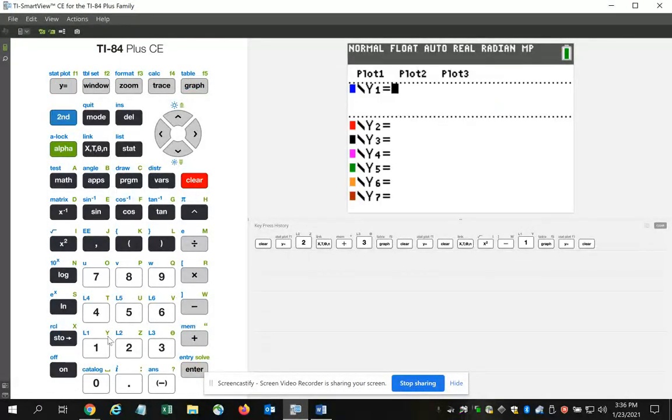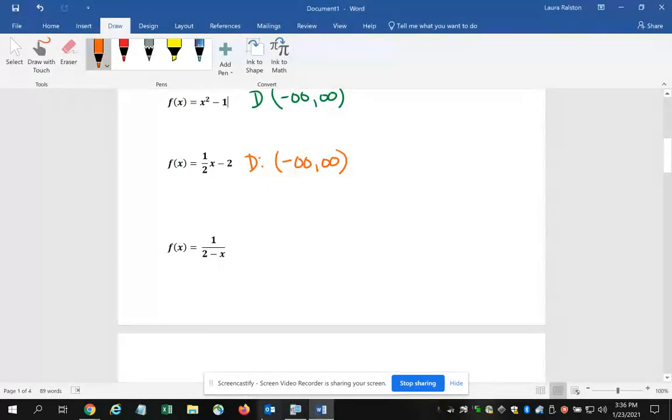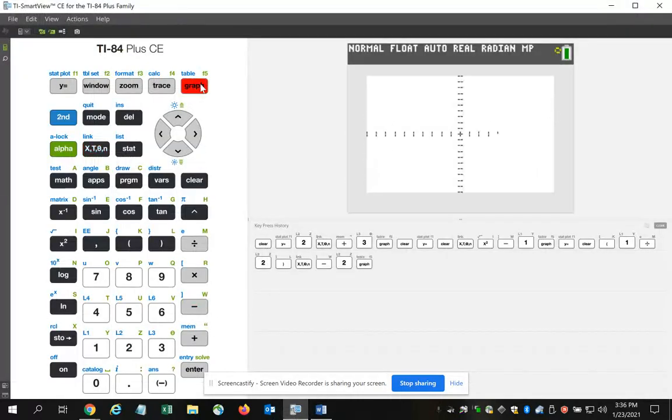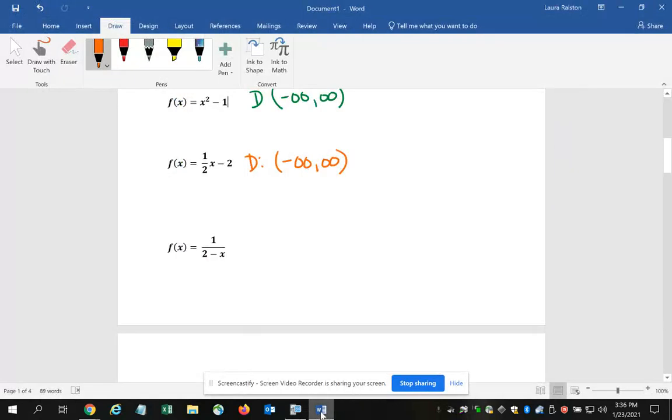I can do 1 divided by 2, I put my fraction in parentheses, times x minus 2. And I graph it, and visually you should get a line, and we know that a line goes forever in both directions. So it may help you when you're making these decisions to look at the graph, and I'll show you even with some of these where there are restrictions.